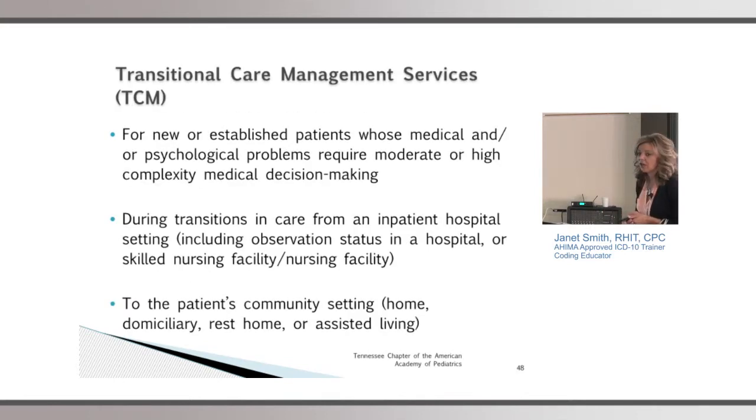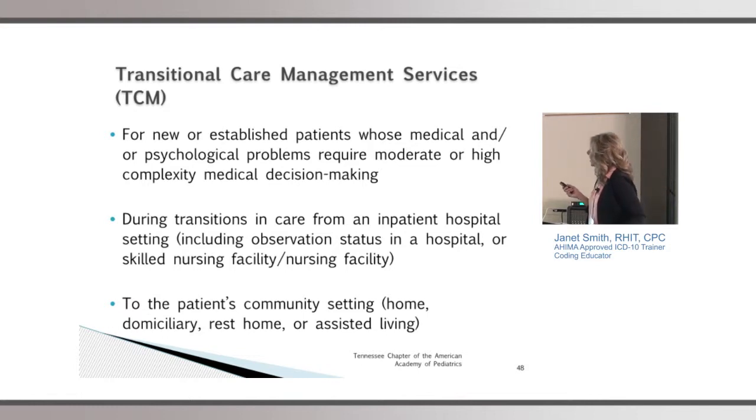Okay, the next set of codes that we're going to talk about are transitional care management services, and these are services that are currently covered by Medicare. I'm not sure what other plans are doing at this point, but I would think that they would begin to follow suit.